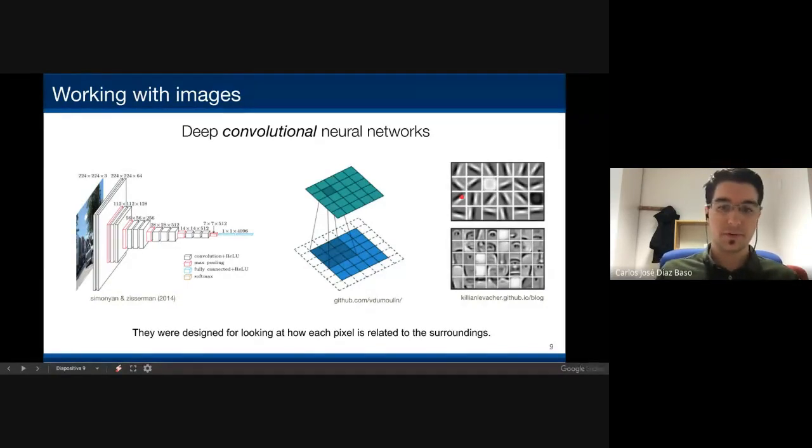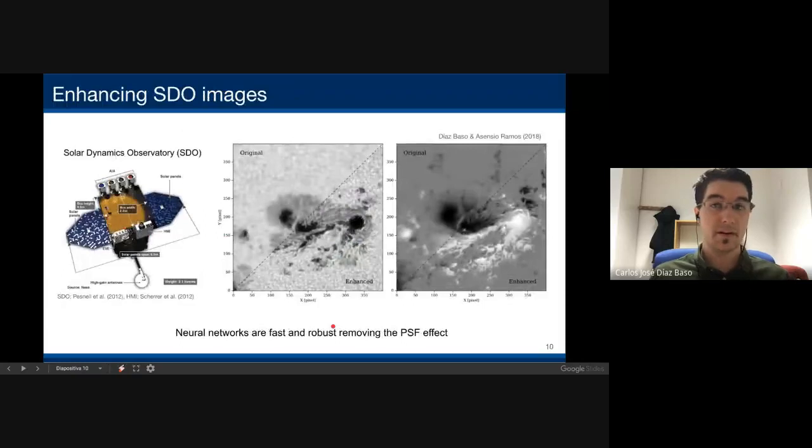So in particular, these neural networks have been designed for looking at how each pixel is related to its surroundings. And the first example that comes to my mind when we are talking about the light of a pixel and the relation with the surroundings is the blurring effect of a point spread function.